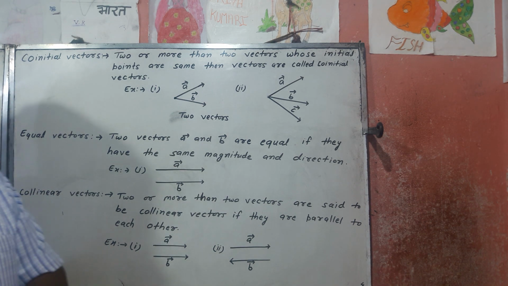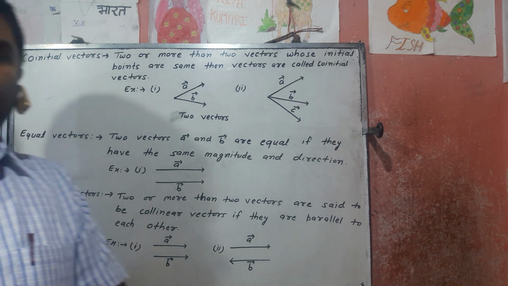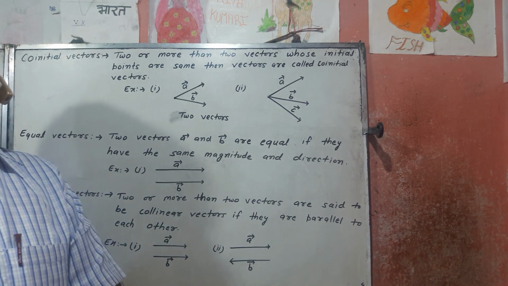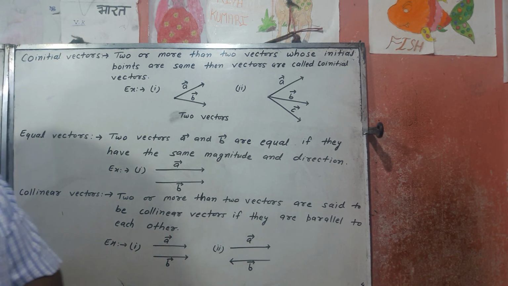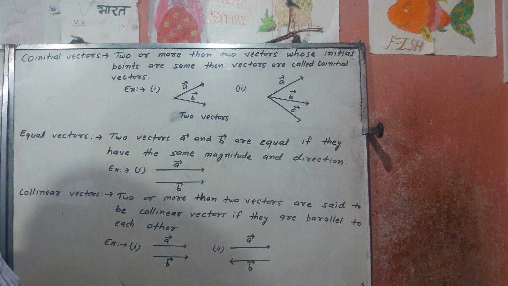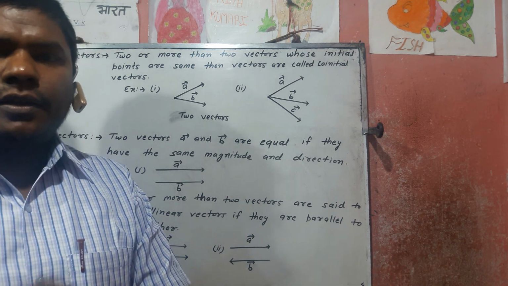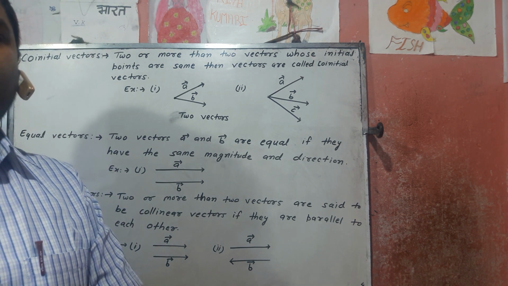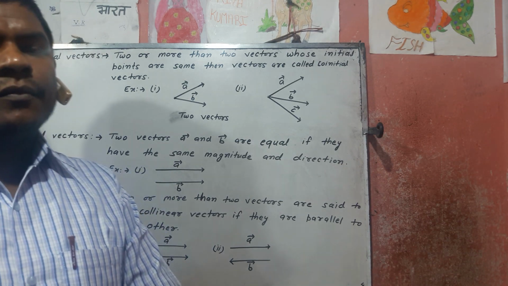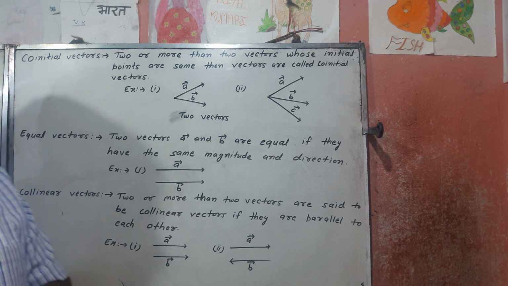Two vectors, vector A and vector B, have same direction and same magnitude, then A vector and B vector are called equal vectors.